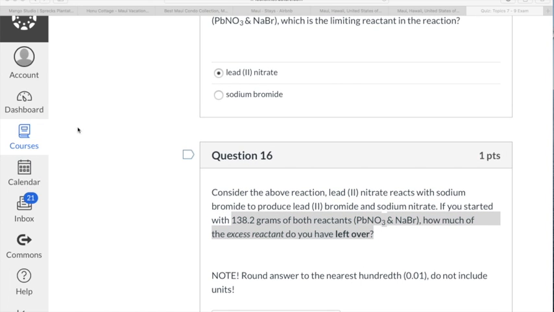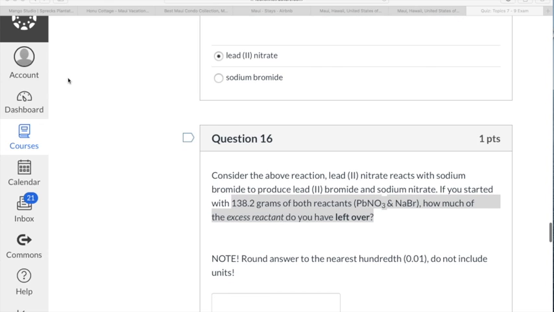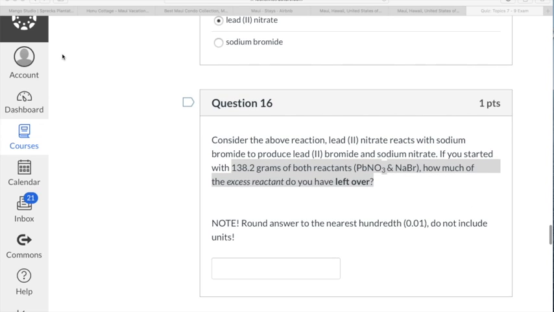So I'm going to rewrite this in as 138.2 grams of my excess. My excess, guys, if you remember, is going to be my sodium bromide, NaBr.